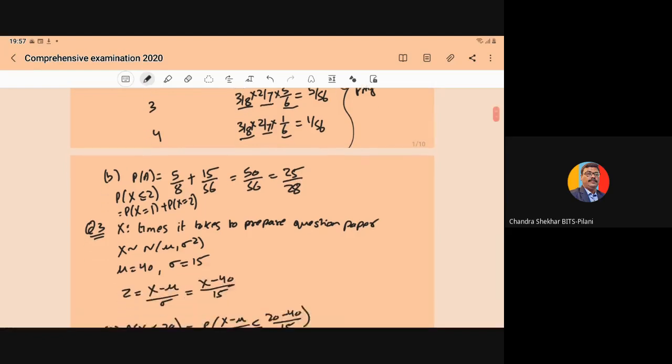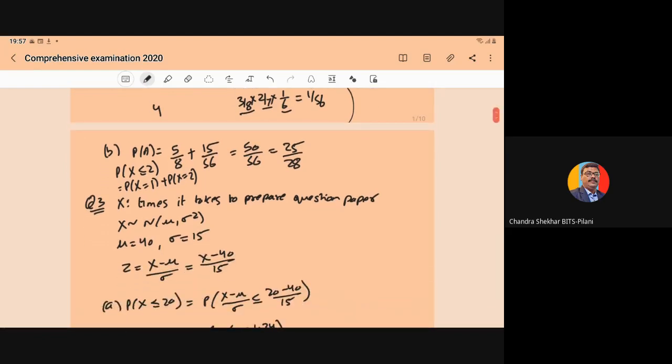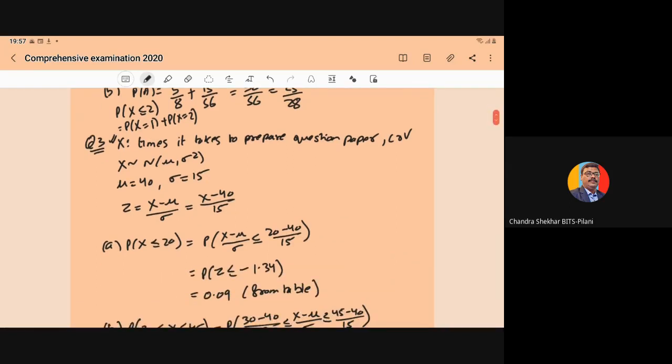So this question belongs to the continuous distribution. As I have told you, we always first have to define the random variable properly. So here the random variable x is the time it takes to prepare the question paper. It is a continuous random variable, and it follows a normal distribution with parameters mu and sigma square, where mu is equal to 40 minutes and sigma, the standard deviation, is equal to 15 minutes.